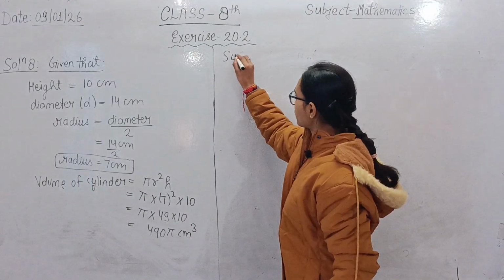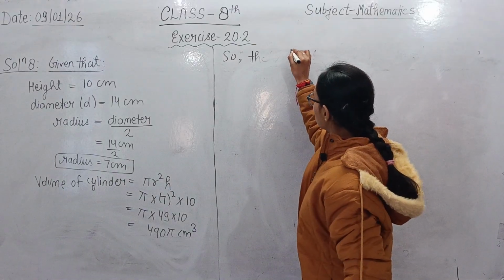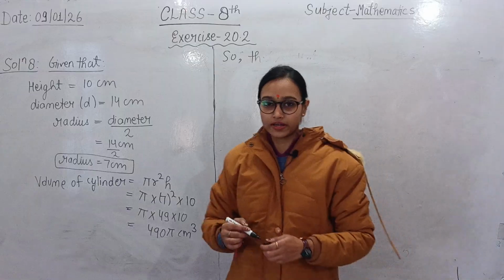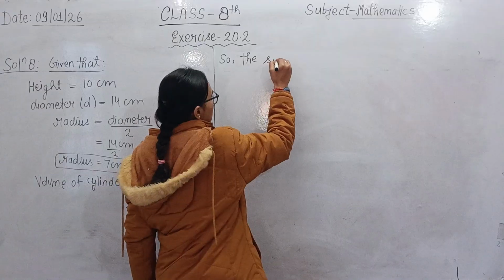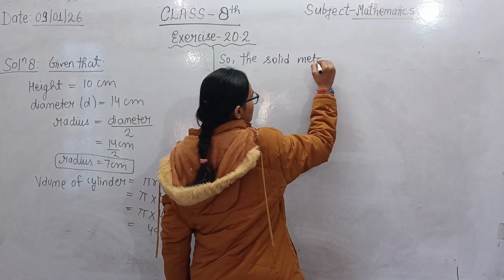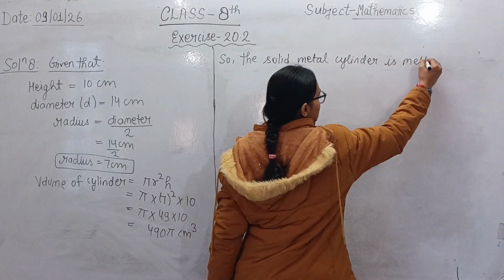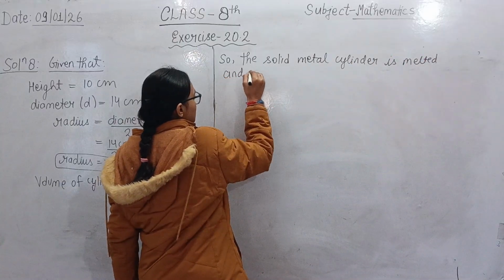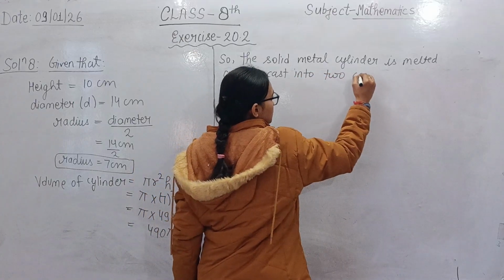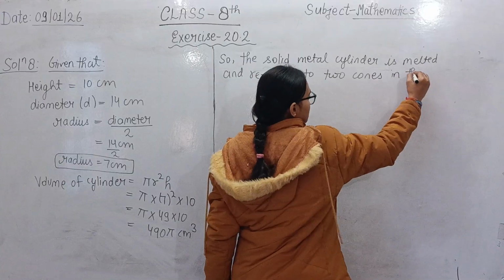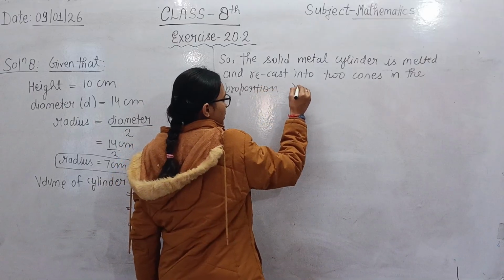So the solid metal cylinder is melted and recast into two cones in the proportion 3:4.